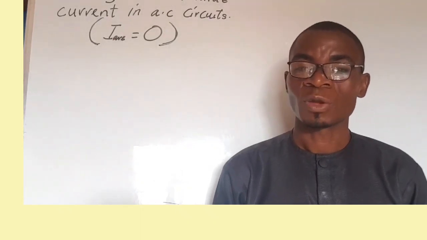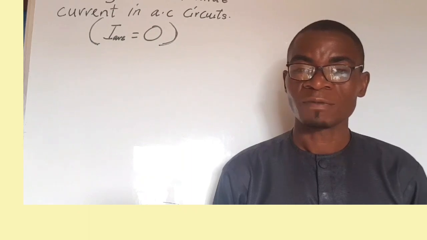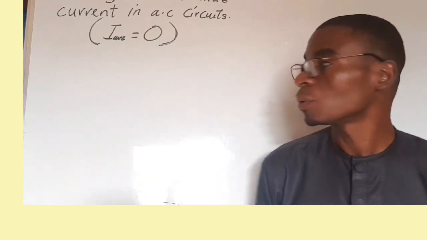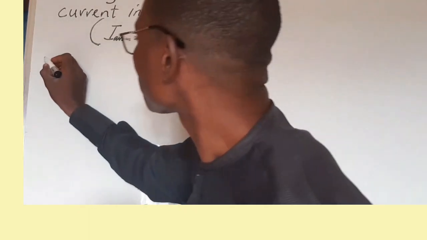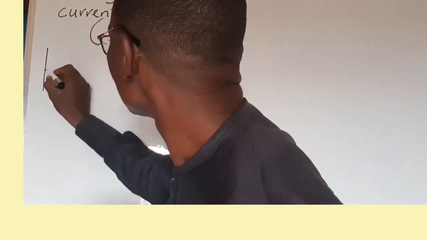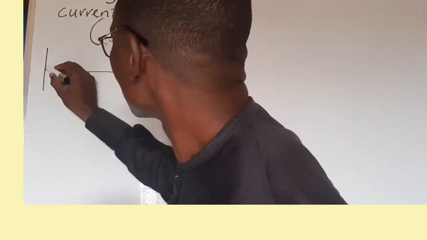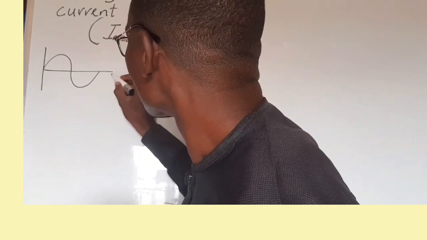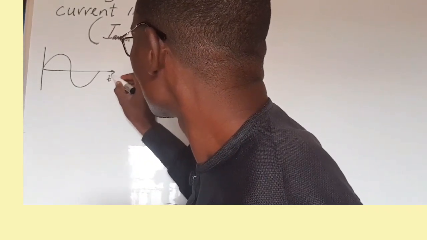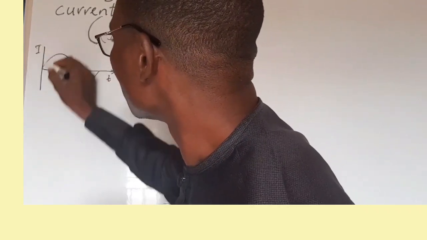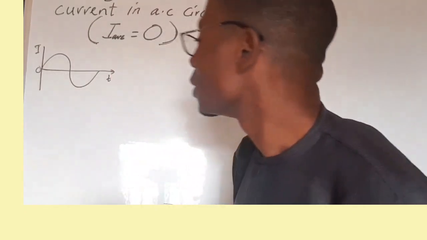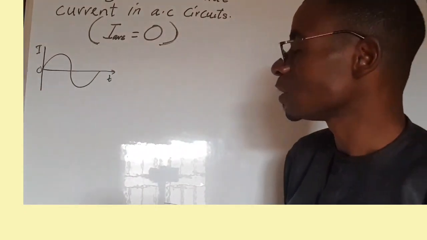against time for one cycle. The graph of current against time for one cycle is like this. If you plot the graph of current against time, this is time and this is current, starting from 0. This graph is telling us a lot of things.